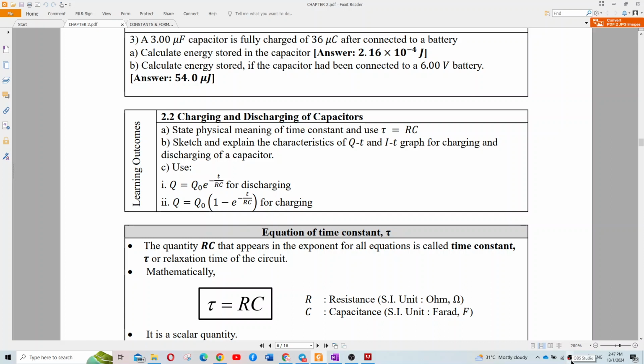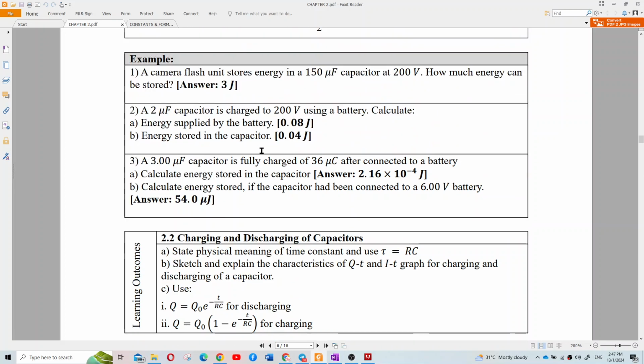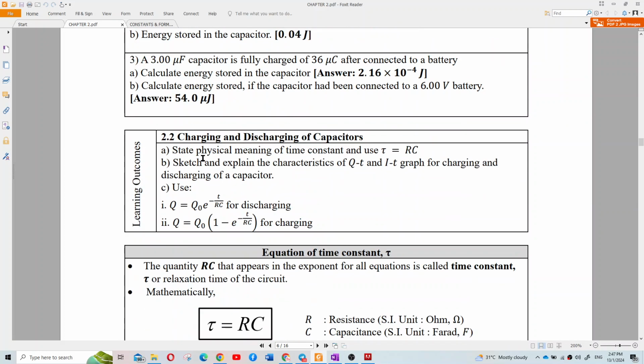Okay, recording. So the next part we are going to learn is charging and discharging of capacitor. What is the meaning of time constant? This is the formula for time constant, RC. Then there are two graphs that we need to learn: charge-time and current-time graphs.